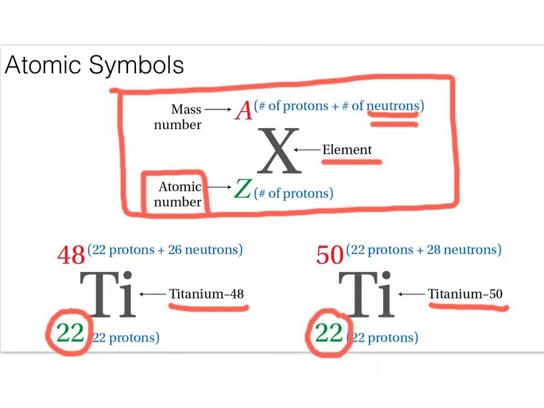But titanium-48 has 22 protons and 26 neutrons. And 26 plus 22 is 48. That's the total mass of this atom. And titanium-50 has 22 protons and 28 neutrons in its nucleus. And so we add those up and we sum them to get 50.